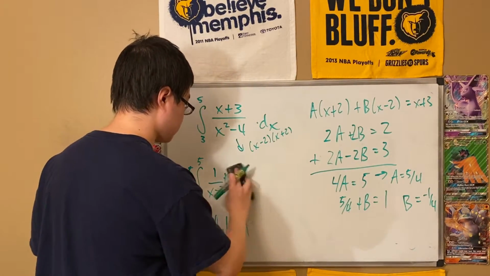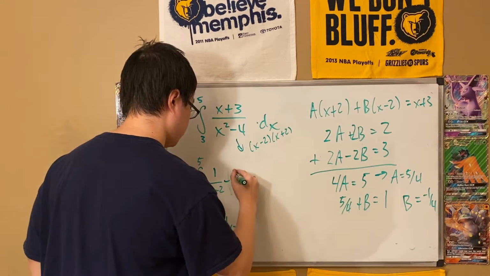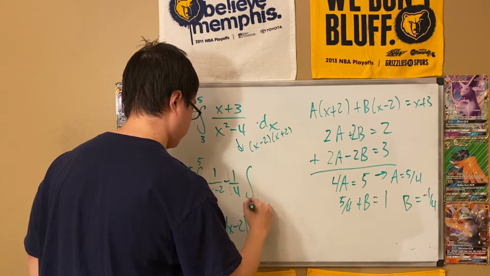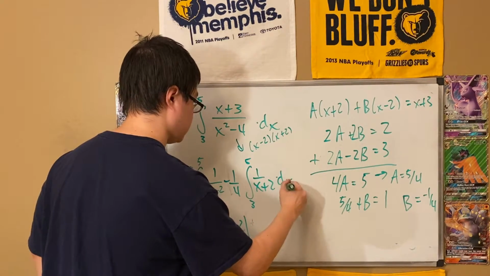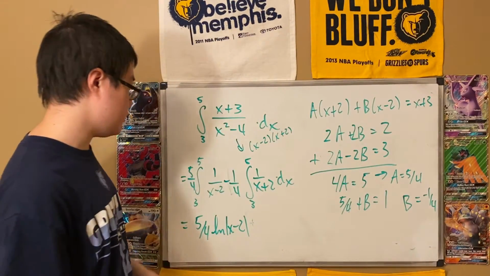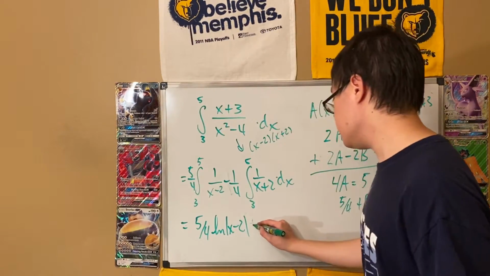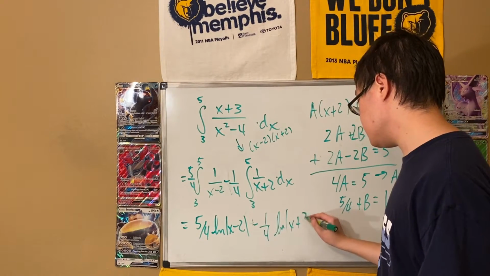So let me erase this real quick. It's going to be negative 1/4, sort of running out of room here. The integral from 3 to 5 as well, 1 over x plus 2 times dx. Again, it was b, but we found b to be negative 1/4, so we took it out. So in this case, it's going to be negative 1/4 ln of x plus 2.